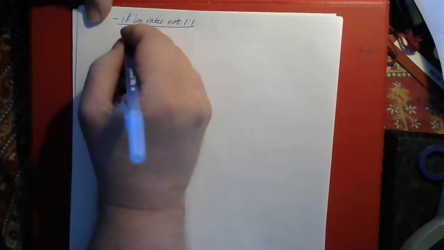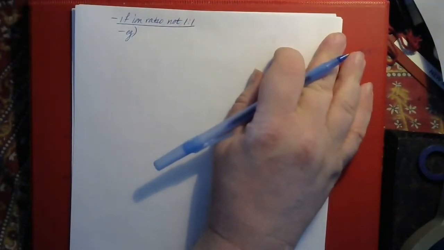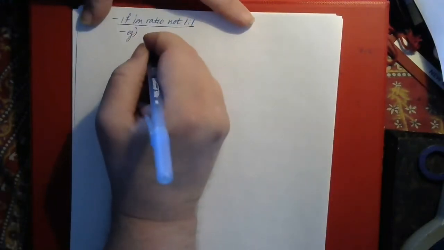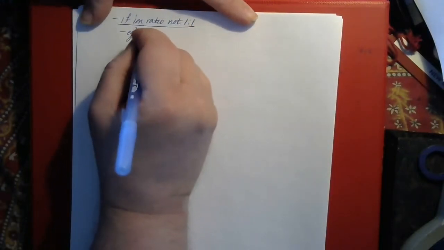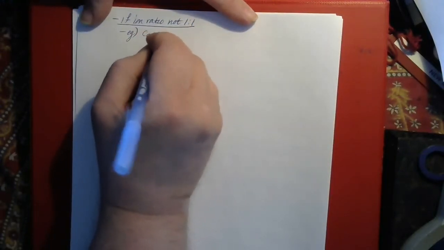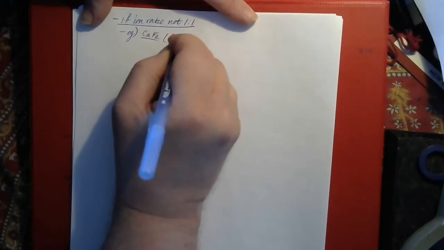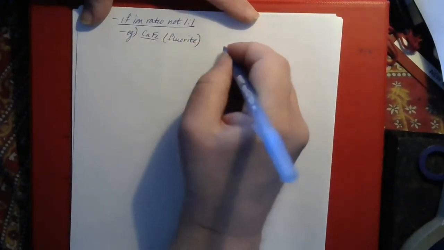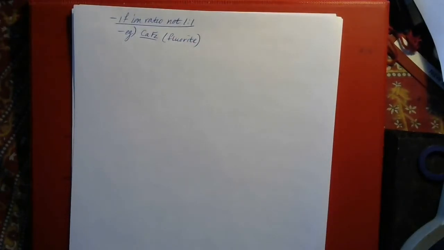We don't really have the time or the space or the will to look at all of them, but a couple important examples would be, for instance, fluorite, which is calcium fluoride. And that's figure 1154 on page 499.